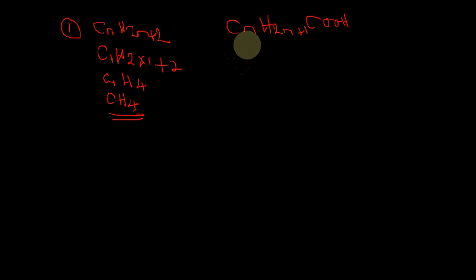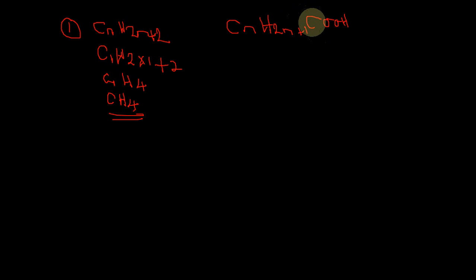The number of carbon atoms in an organic acid, this carbon in the functional group counts. This carbon also counts. So in this case, it simply means that here we are starting with 1 only because there's no other carbon atom, but in here we're saying this carbon atom also counts.